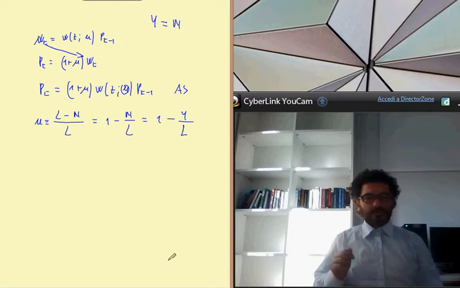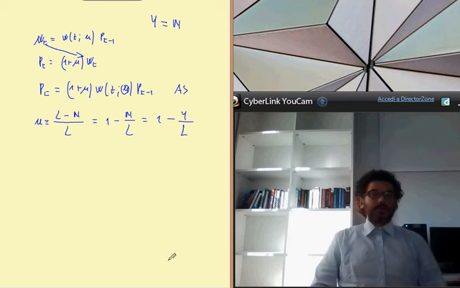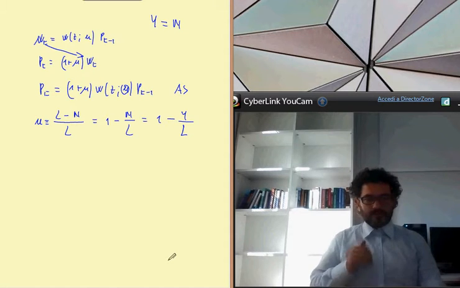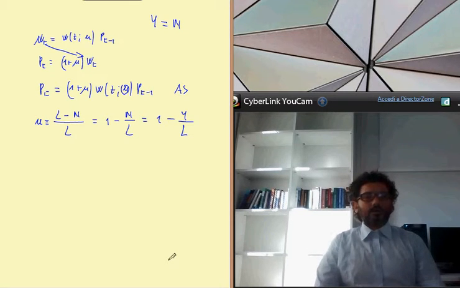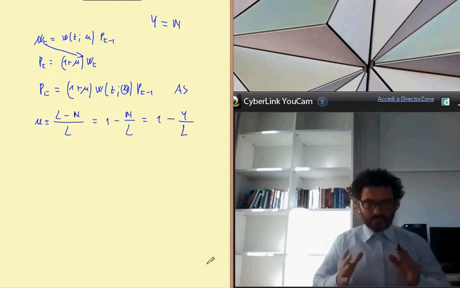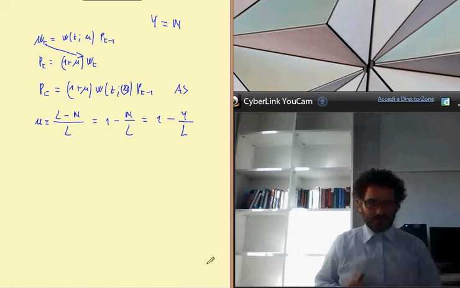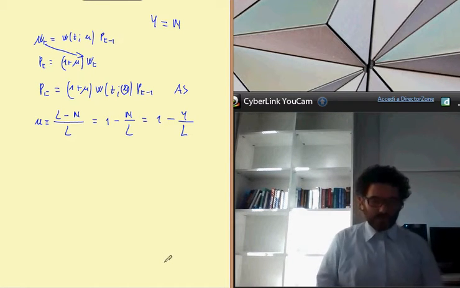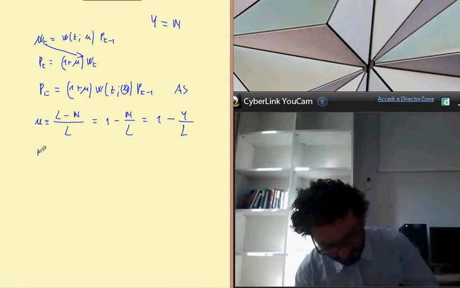But now we assume that there is a one-to-one relation, so the aggregate supply can be expressed again as 1 plus the markup, which multiplies the real wage, which is a function of Z and the unemployment rate, which is 1 minus real GDP over L, which multiplies prices at time t minus 1. Now we are able to understand the connection between each one of these components and prices. The markup has a positive effect on prices.